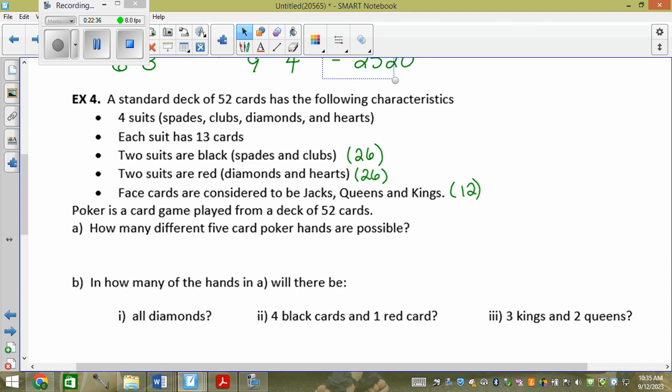So here it says, how many different 5-card poker hands are possible? So I have how many total? I'm choosing 5 from 52, because there's nothing specific. It doesn't say hearts, clubs, diamonds, spades, queens, clubs, 4s, nothing like that.